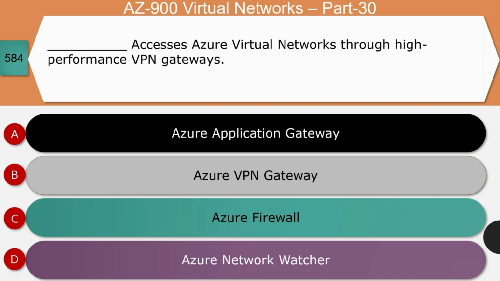So between options A and B, the right answer for this question is option B, that is Azure VPN Gateway, that allows virtual network to connect to any gateway through a high performance network. And also this Azure VPN gateway connects your on-premises network to Azure through site-to-site VPN, which is similar to the way that you can set up and connect to a remote branch office.